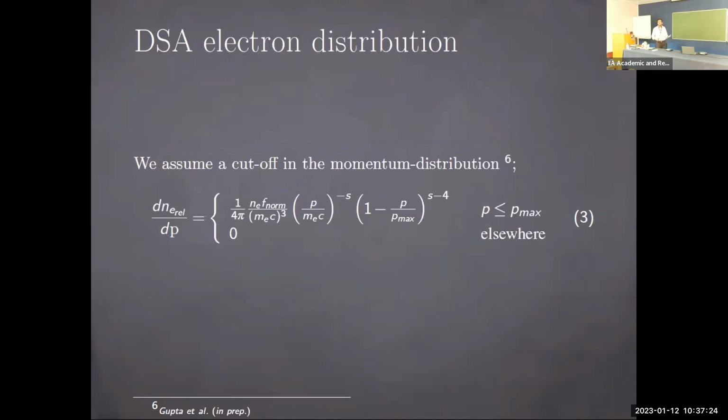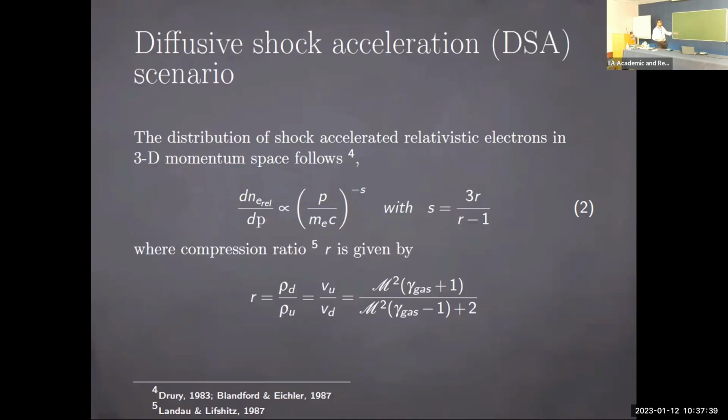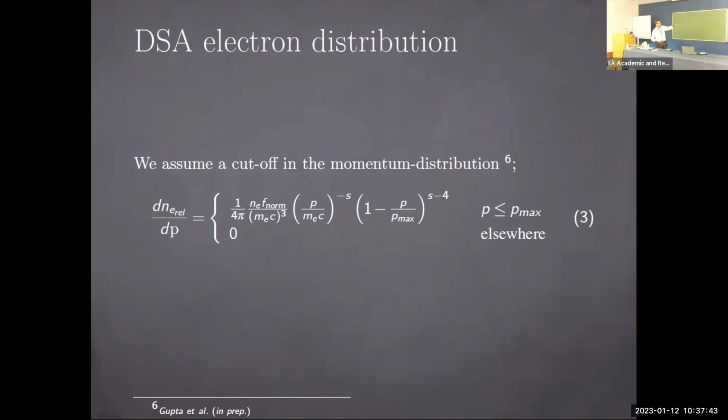But since we want to numerically model this process, we need an exact form of the electron energy distribution. The proportionality constant is taken care of by this normalization, and we set some cutoff in the momentum also.